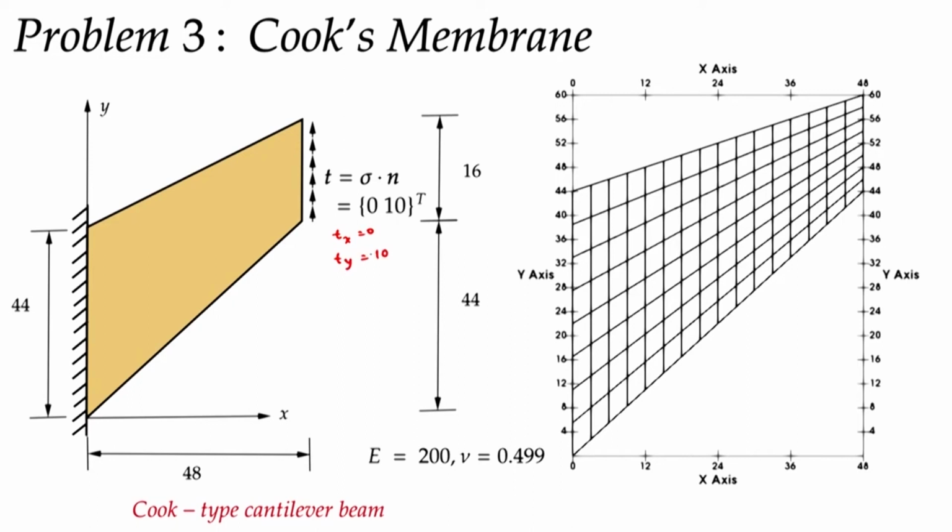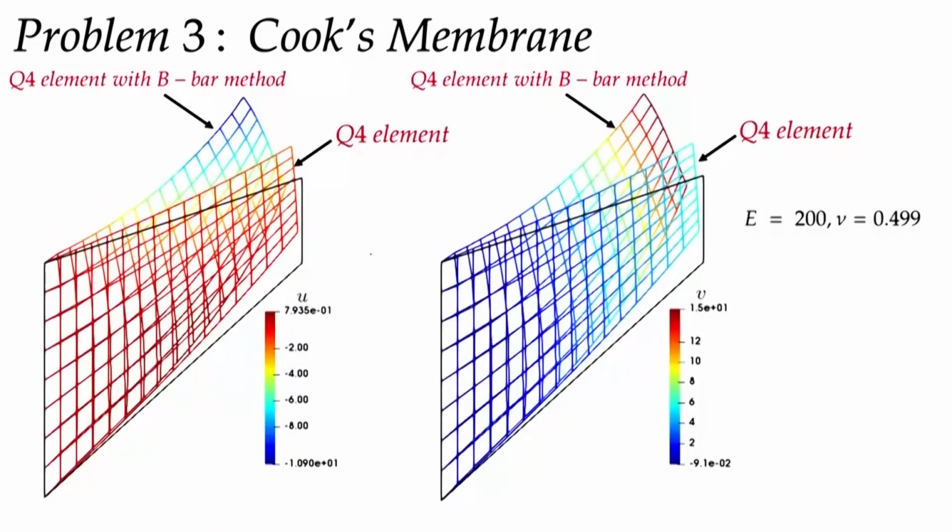If I apply this with a standard finite element mesh, let us see how Q4 performs. You can see the U and V displacements. The Q4 element performs very poorly, whereas the bending phenomenon is truly observed in the B-bar method.